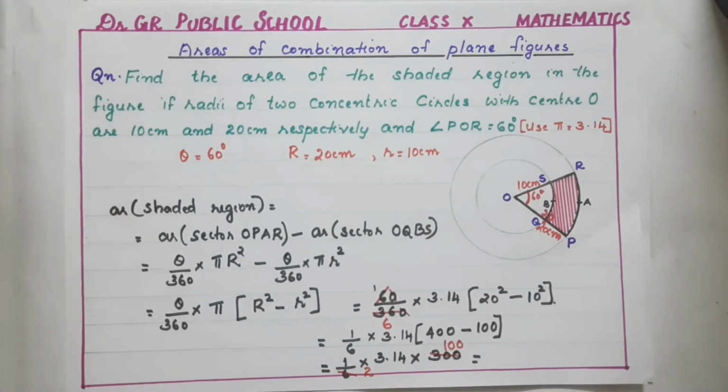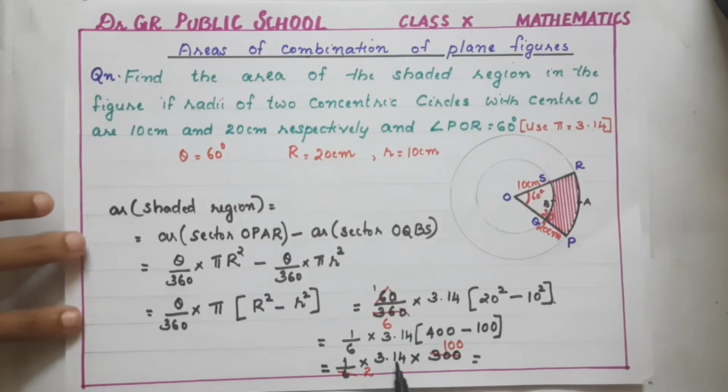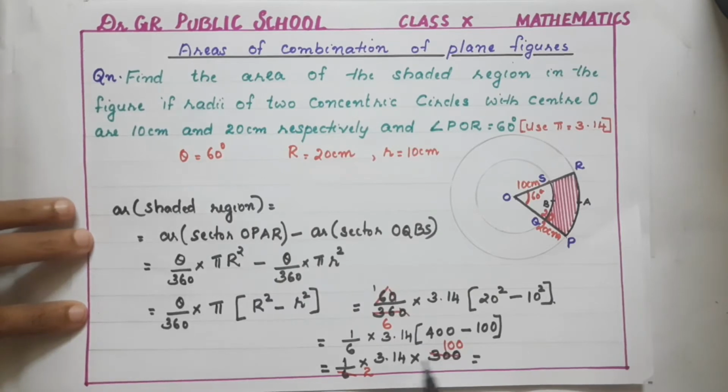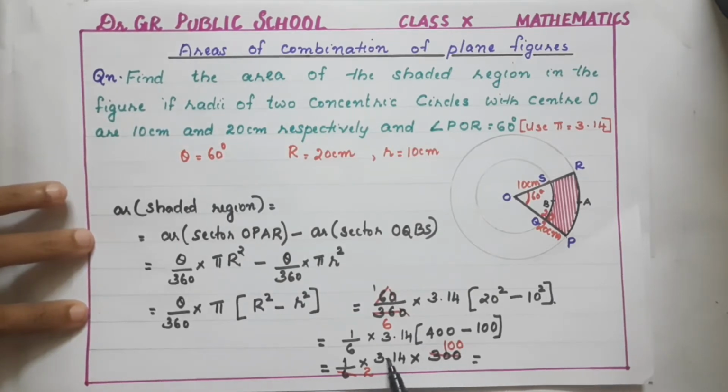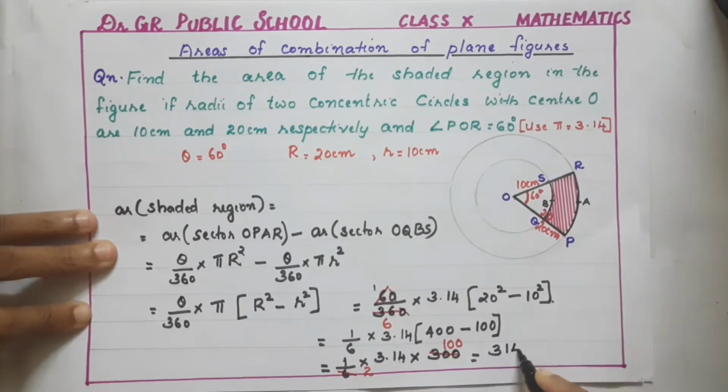Okay. Now look at this. 3.14 into 100 we can do easily, isn't it? So before cancelling this 2, you have to check this. 3.14 into 100, what will be that? Here 2 zeros, so we can move the decimal point after 2 places. So 3.14 into 100 is 314.